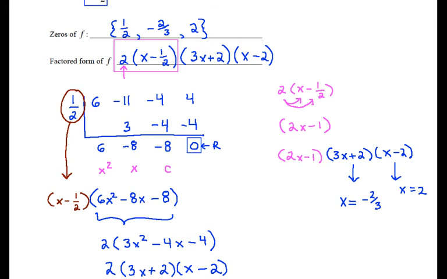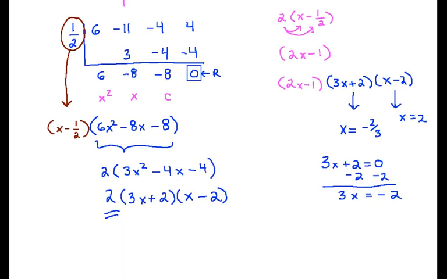If you can't look at these factors and see that right away, just set them equal to 0 and follow the process, right, of solving. We would first subtract 2 from both sides in this case. We would then divide both sides by 3, which is the coefficient of x.